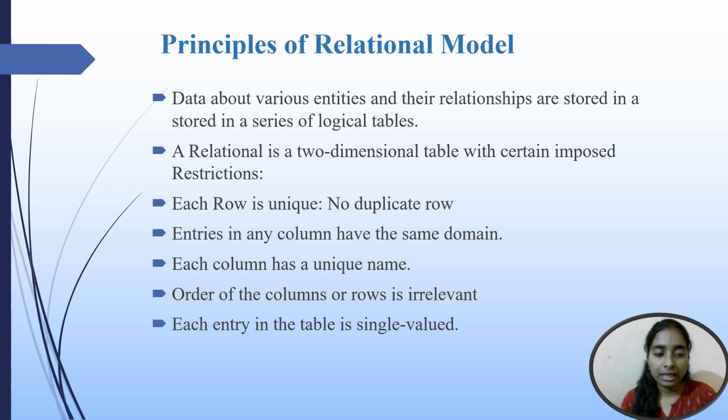Each row is unique, there is no duplicate row, and entries in any column have the same domain. Each column has a unique name. The order of the rows or columns is irrelevant. Each entry in the table is always single valued.